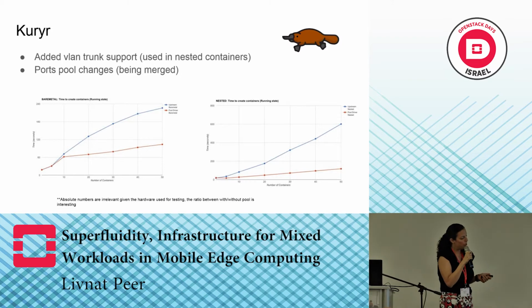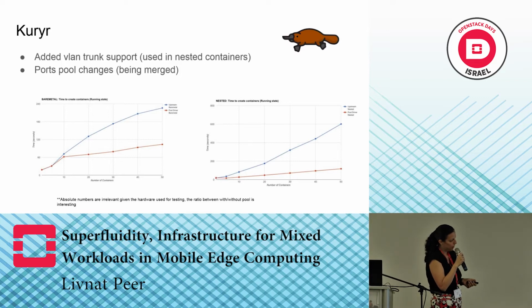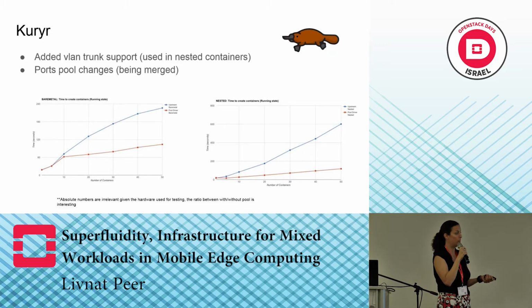So you can see here two diagrams. This is the boot time: the blue line is the boot time before adding port pools, and the red is after. And the concept is very basic. You have a pool of ports, and you just take them from the pool instead of creating them when you start a new pod. You can see the major improvement.